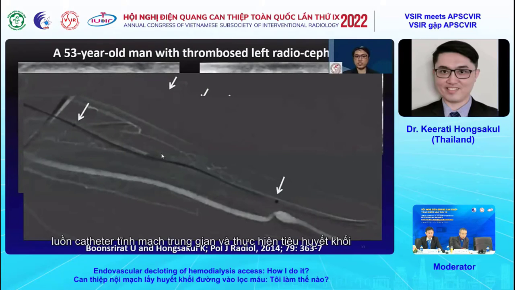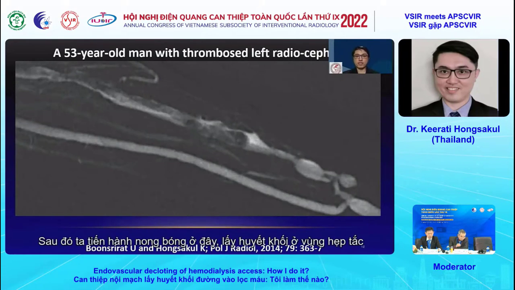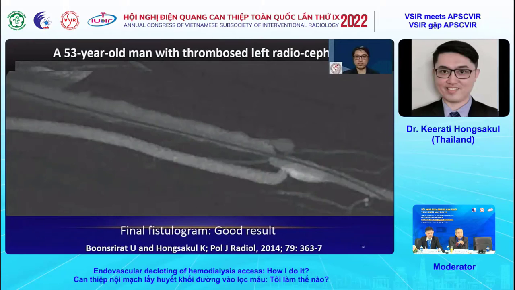We insert the infusion catheter and perform the thrombolysis. After thrombolysis, you can see the cephalic vein is quite open, with still residual thrombus and underlying stenosis at the AV anastomosis. After that, we perform balloon angioplasty to macerate the clot and treat the underlying stenosis. And this is the final result, with a good patency of the access.